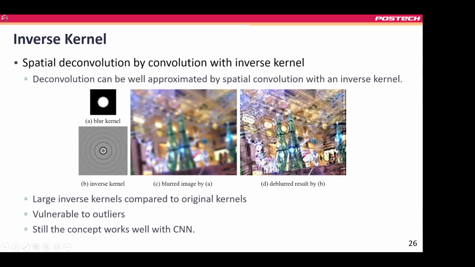Here you see some artifacts when we obtain the deblurring result by the inverse kernel. But still, when we use a CNN, a convolutional neural network, this concept of using the inverse kernel for defocus deblurring may work quite well. So we try to use this concept of the inverse kernel in this paper.